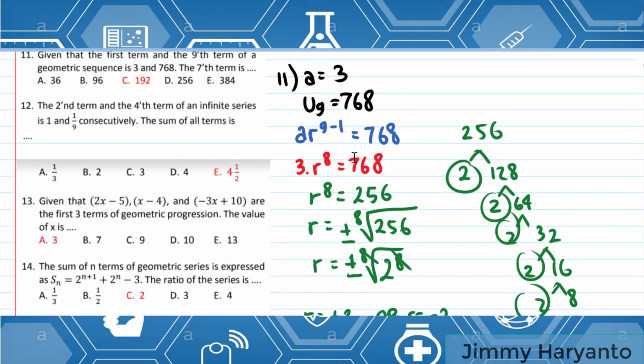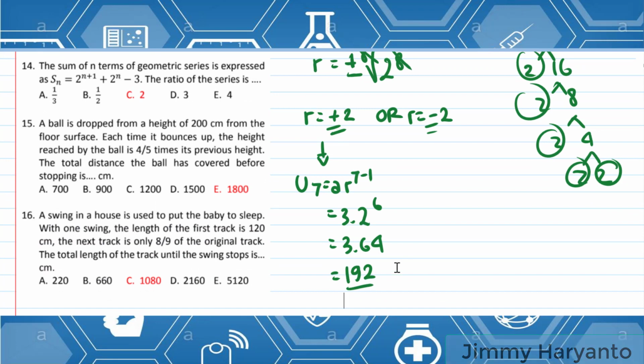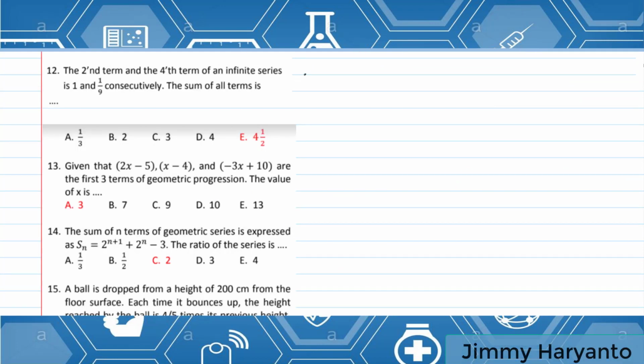Oh, there is an answer for 192, so we don't have to use this one. If you don't get the answer in the options, then you have to check for r equals negative 2.